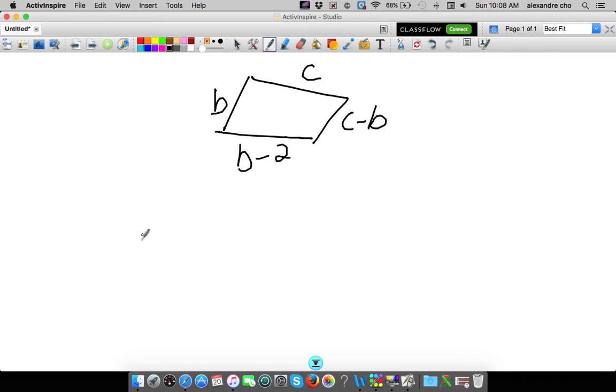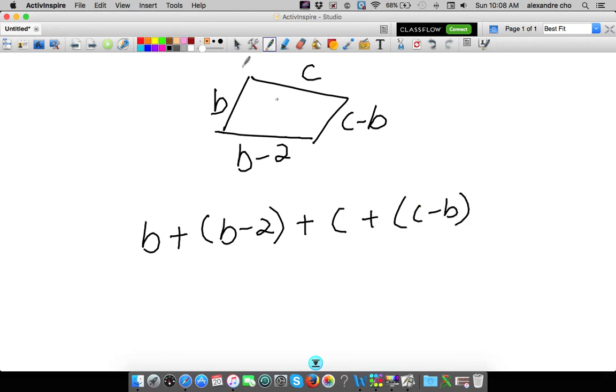To find the perimeter of any shape, we have to add things, right? We have to add this side plus this side plus this side plus this side. So let's add them. B plus, you should put it in parentheses, C, that's 2 terms. And the last one, C minus B. We're going to pretend for a second there's a 1 here.